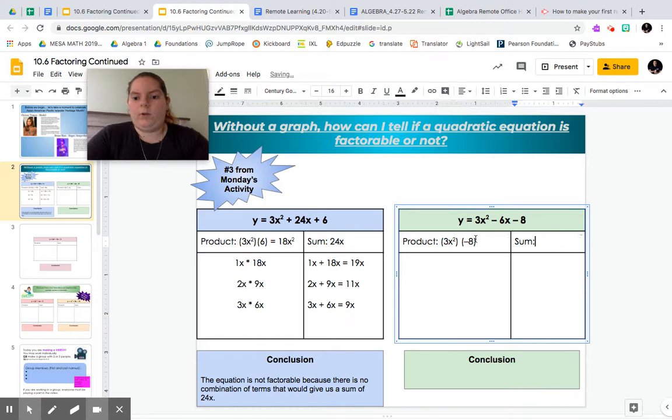And we also need a sum, which would be which term here? It's going to be negative 6 because that is our B term, in the middle. Okay, take a second, pause here, and I want you to list out as many products as we can, the factors of the product, which is going to be negative 24x squared.